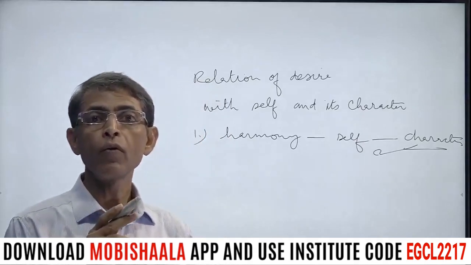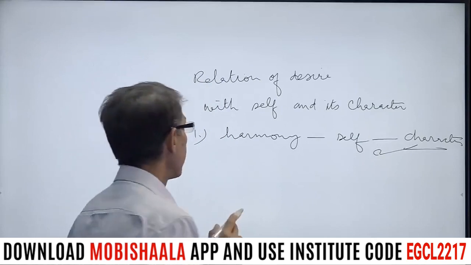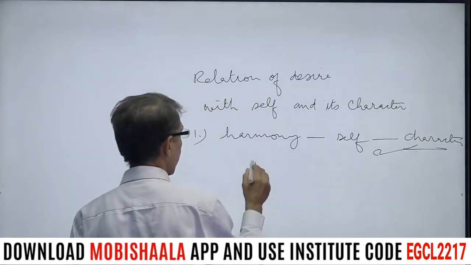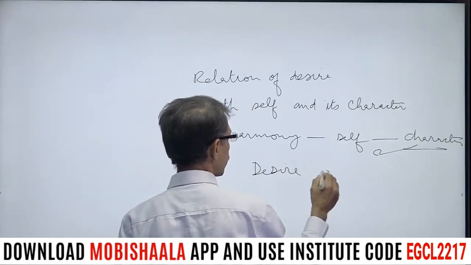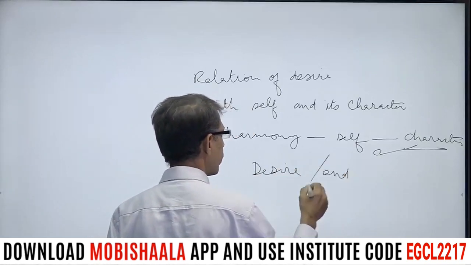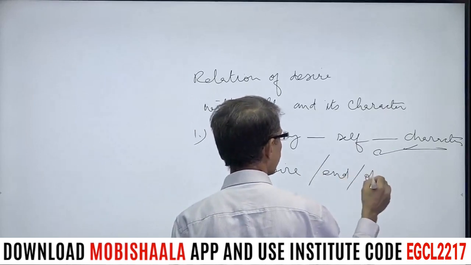So when desire has an object, that object has value for the self. If there is a desire and the desire has an object, or an end, this object or end has a value. If it doesn't have value, then the desire will not be intense.